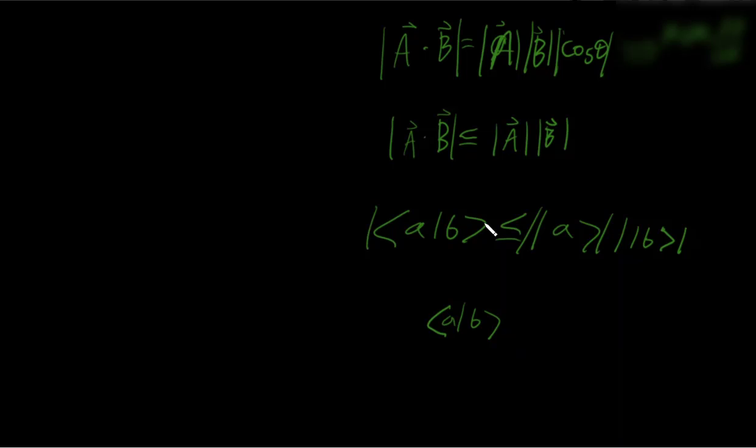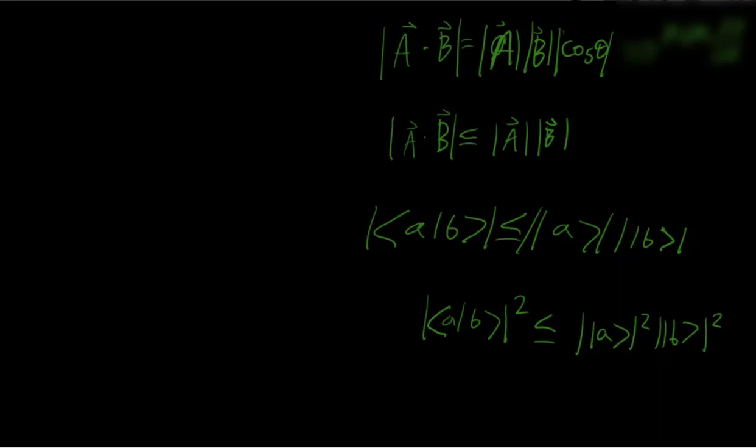Oh, sorry, I forgot the absolute value. That's what I was missing. Okay, so if I take the norm squared of both sides, the absolute value of A inner product with B, squared, is less than or equal to A norm squared times B norm squared.